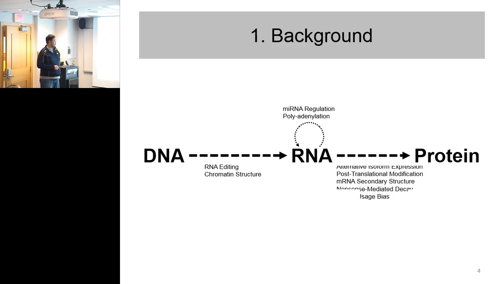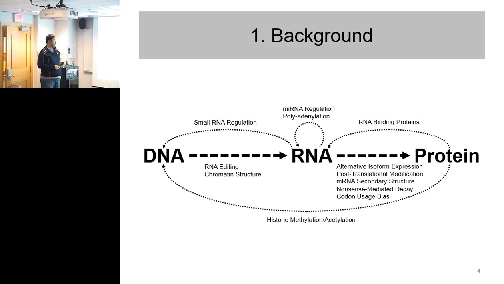I've just listed a few of the major mechanisms that are in play here. But what we see is that going from DNA to RNA to protein is not always linear, and what I'm going to focus on today is looking at how RNA is translated into protein.